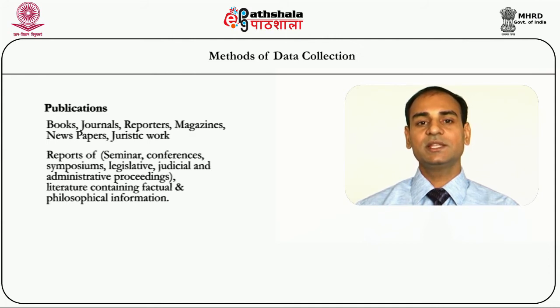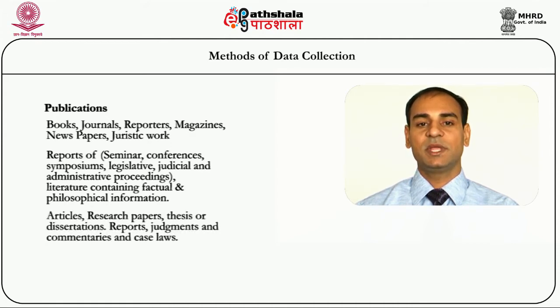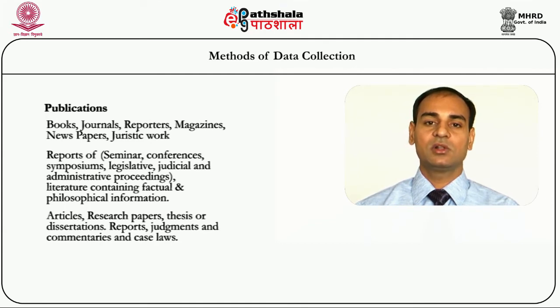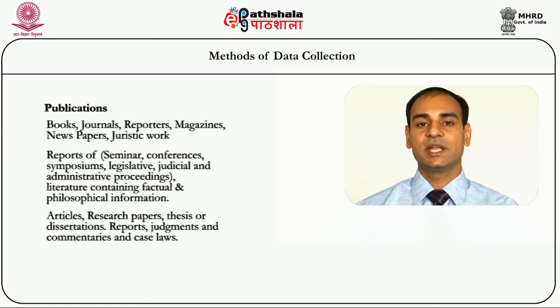Any other literature containing factual and philosophical information, like articles, research papers, thesis or dissertations, reports, judgments, commentaries and case law are also common sources used for data collection in the doctrinal method.